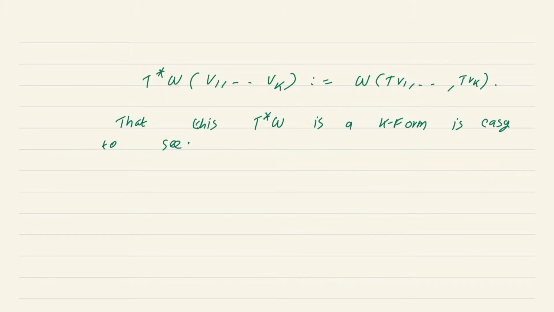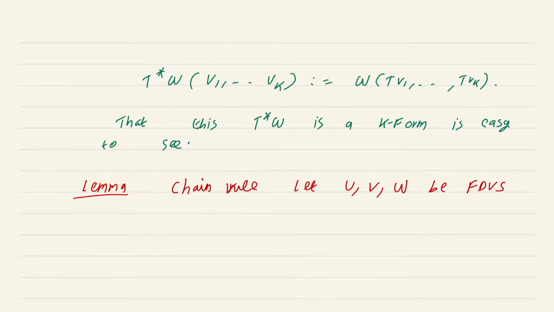So let me describe one property of this pullback operation which we will repeatedly use, and I'm going to leave it as an exercise because it's very straightforward. Lemma, this is the chain rule. What it says is the following: let U, V, W be finite dimensional vector spaces, which I'm just shortening to FDVS. Of course, real vector spaces, I'm not mentioning that. So let F from U to V and G from V to W be linear maps.